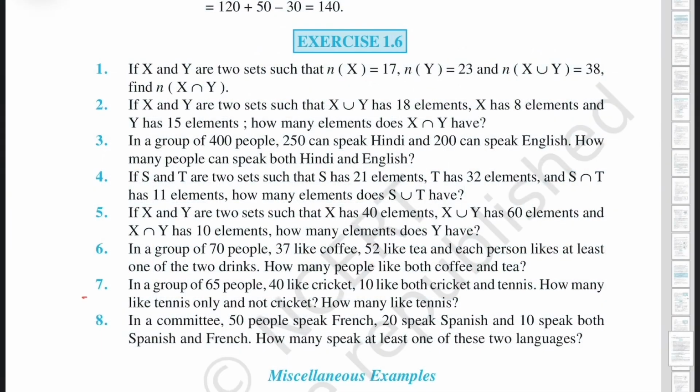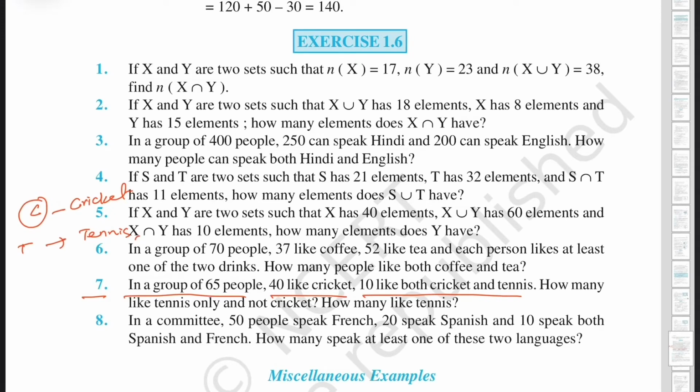So our next question is 7. In a group of 65 people, 40 like cricket, 10 like both cricket and tennis. Let us consider C be the set who like cricket, and T be the set who like tennis.